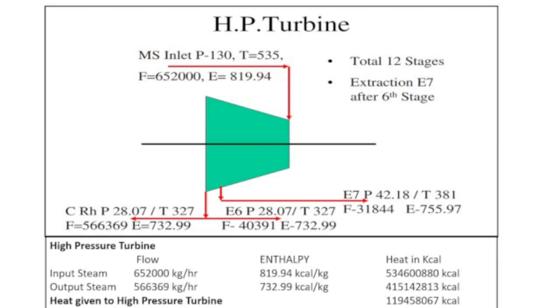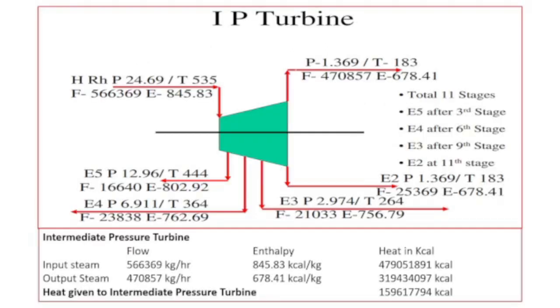Now the outlet from the HP turbine goes into the boiler again, into the reheater, and then it is supplied to the IP turbine. So hot reheat, that is IP turbine, the pressure is 24.69 kg per square centimeter. The temperature is again raised in the reheater, that is 535 degrees centigrade.